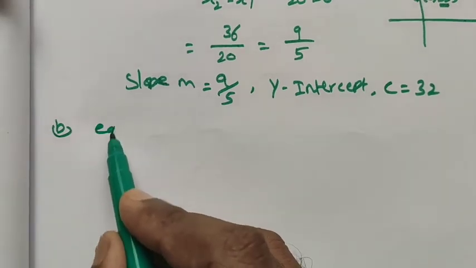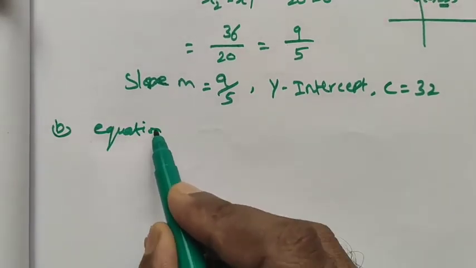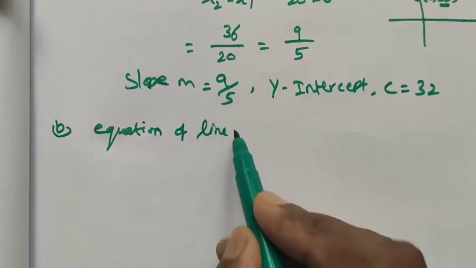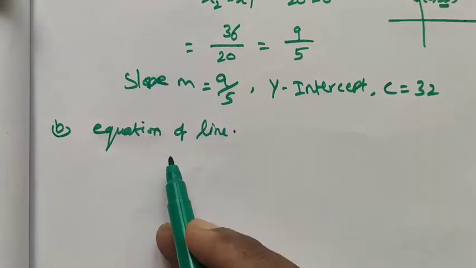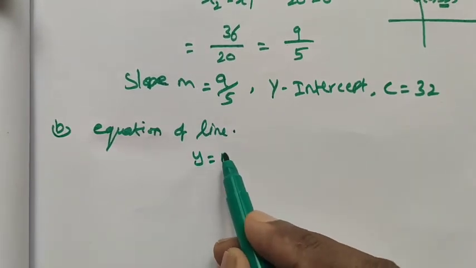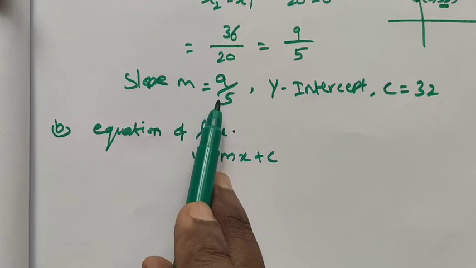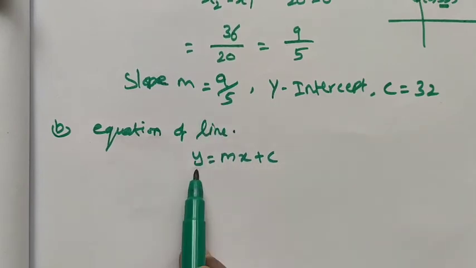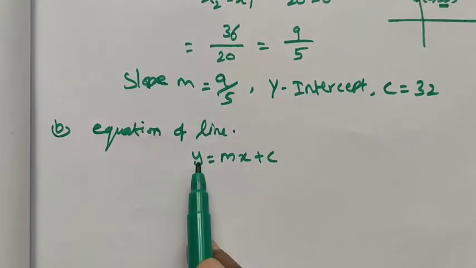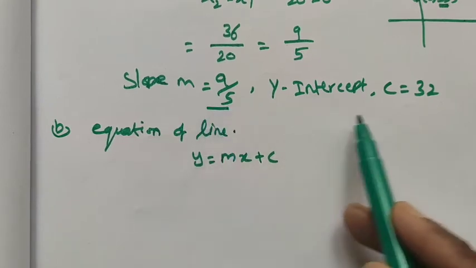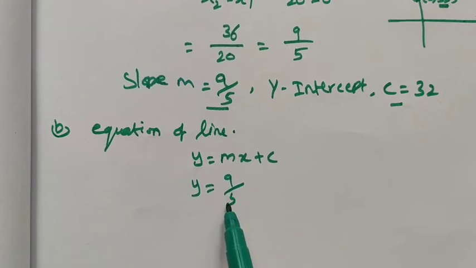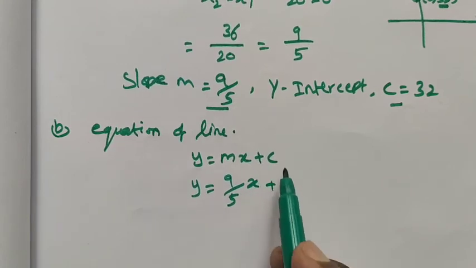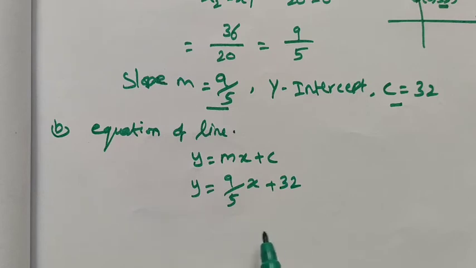Then the second one is to write the equation of this line. See, the slope and the intercept are given, right? Equation of the line is y is equal to mx plus c when slope and intercept are given. Here slope m is equal to 9 divided by 5 into x plus c, intercept, is equal to 32. Now we want to form the equation equal to 0.